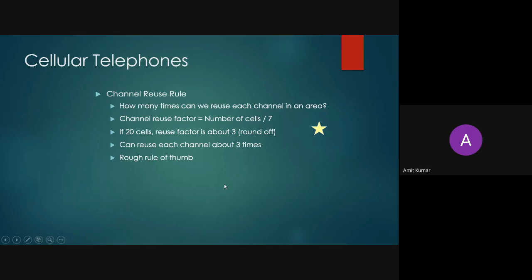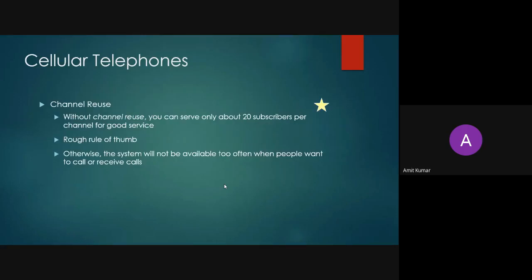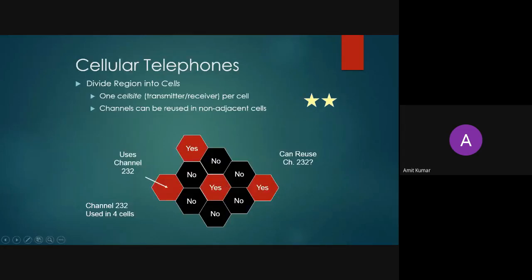Then the channel reuse factor will be the number of cells divided by 7. Why the number of cells divided by 7? Because if you see in this figure, how many cells are there? Where numbers are written, 1, 2, 3, 4, 5, 6, and in between 7. So that's why this 7 is there.